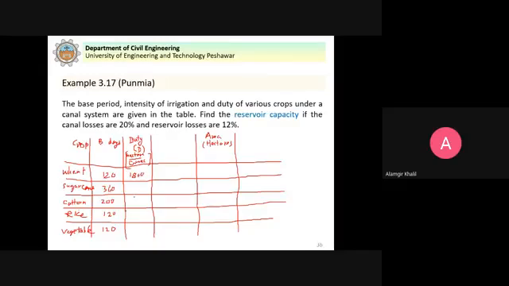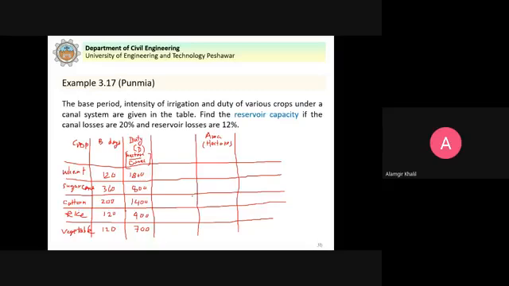Then we have 800 for sugar cane. Then we have 1400 for cotton. For rice it is 900. And we have 700 for vegetable.